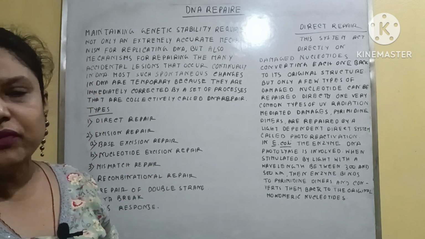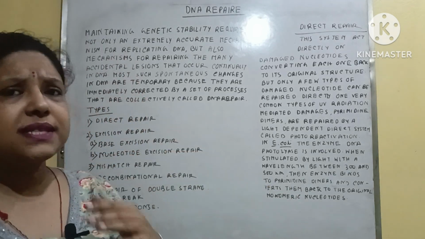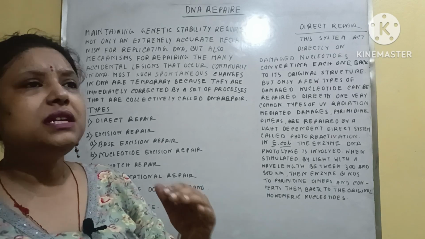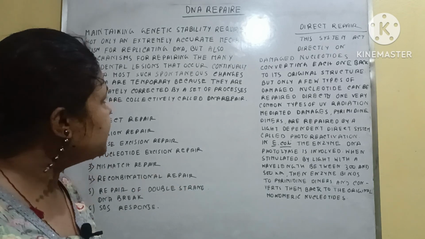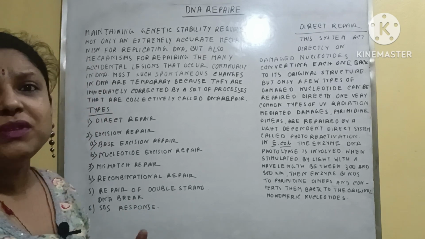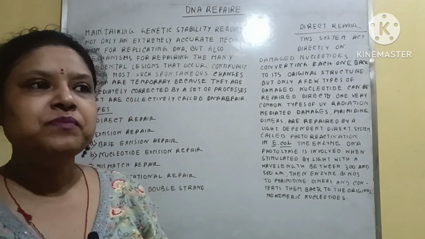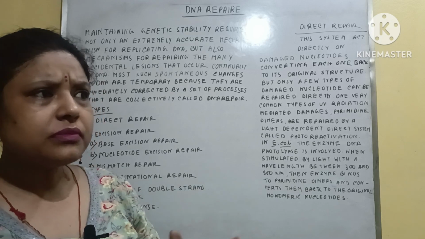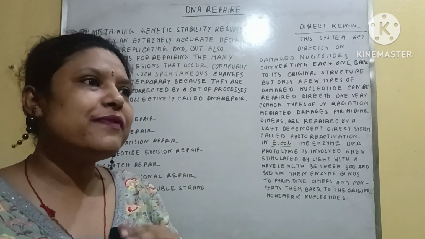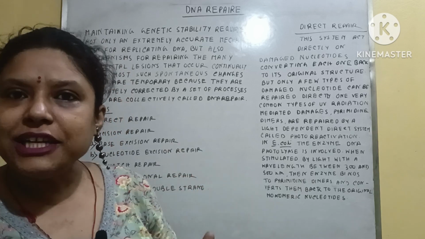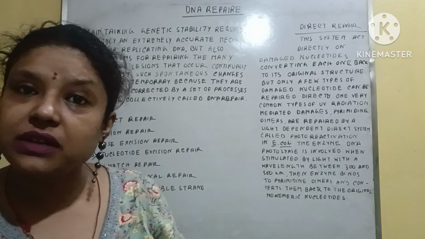So first of all, we have to understand that DNA replication is the process by which new DNA forms from the parental DNA. During the formation of the new DNA, there may be accidental factors that try to change the actual structure of the DNA.